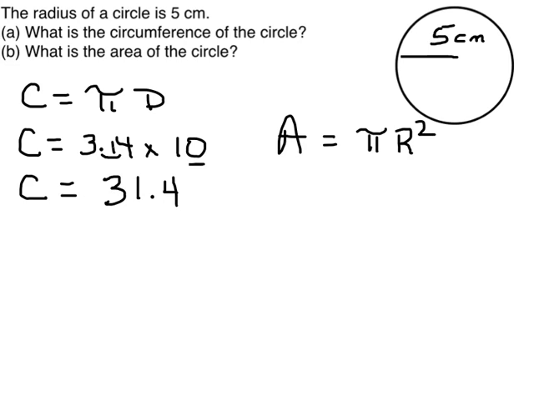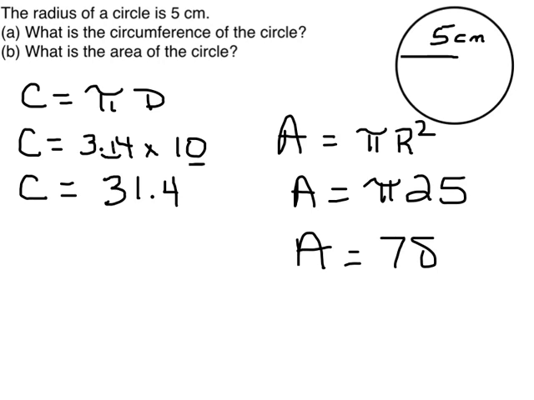Well, I know that 5 is the radius. 5 squared would be 25. Area equals pi times 25. I'm going to do that on my calculator, and I'm going to get area equals 78.5 centimeters, and all area is squared. I should have put that here. Centimeters squared. The circumference is not squared because it's not area.